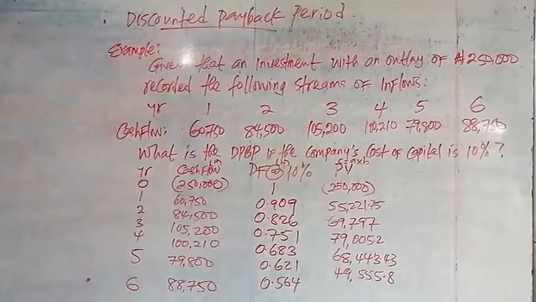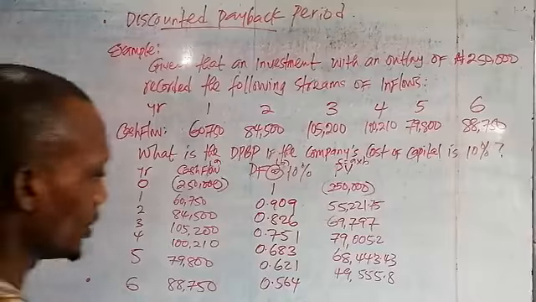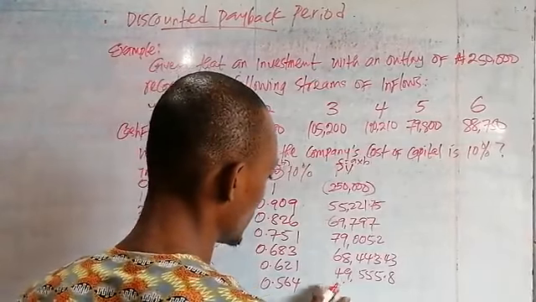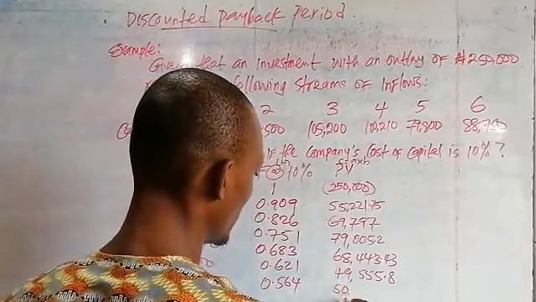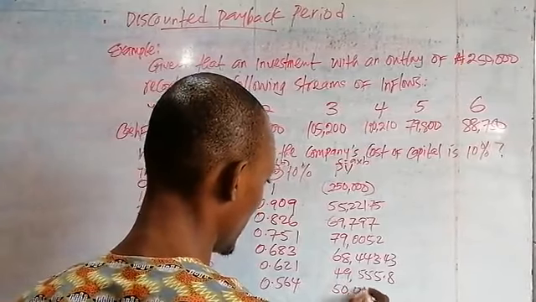So 88,750 multiplied by 0.564, we have 50,055.